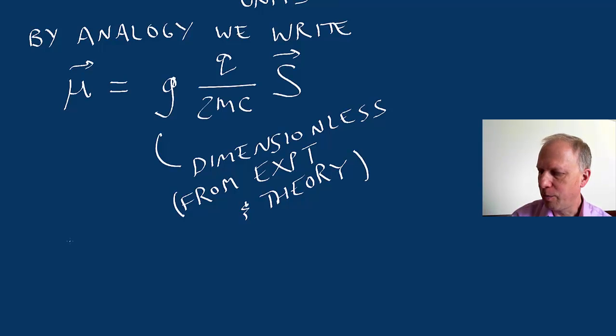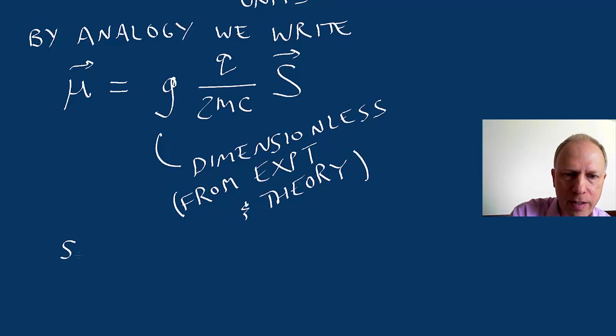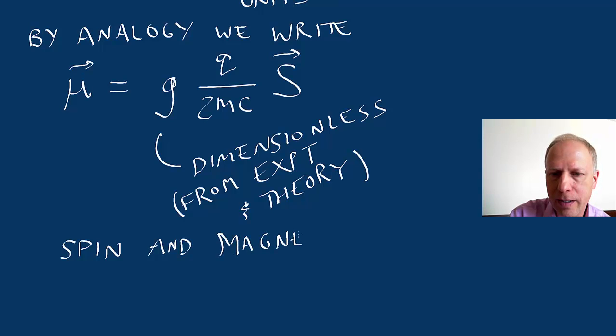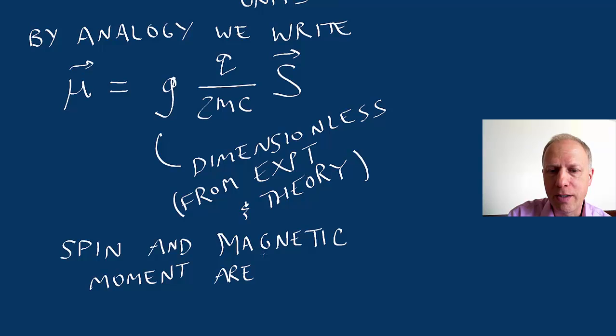Experimental results support the hypothesis that the spin angular momentum and the magnetic dipole moment are correlated in their directions as the particle goes about its business. And that's what's built into the equation that we just wrote.